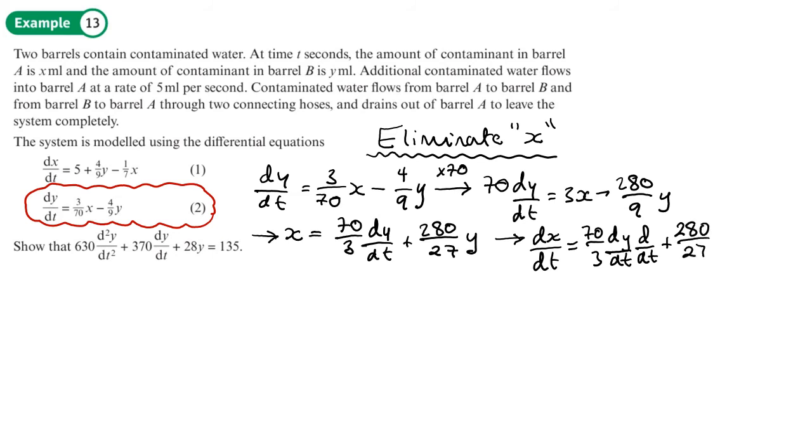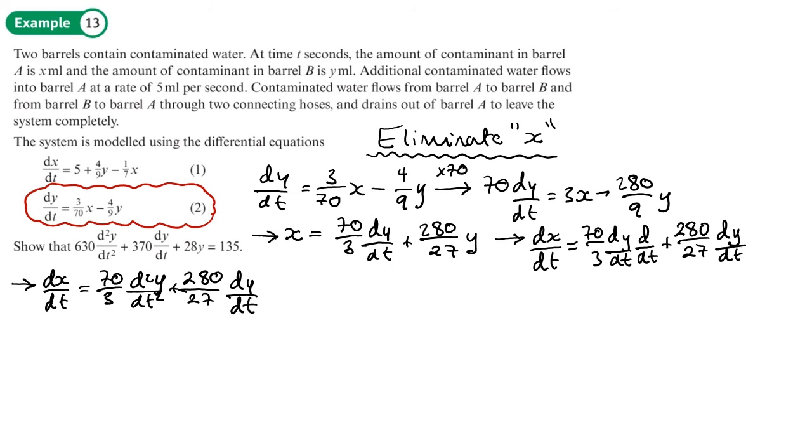Using implicit differentiation here, I've got a y term, which if I differentiate it implicitly, that will be just 280/27, and I need to write down that I've differentiated a y term as if it were a t term, so that's dy/dt. So that will give us dx/dt is equal to 70/3 d²y/dt² plus 280/27 dy/dt.